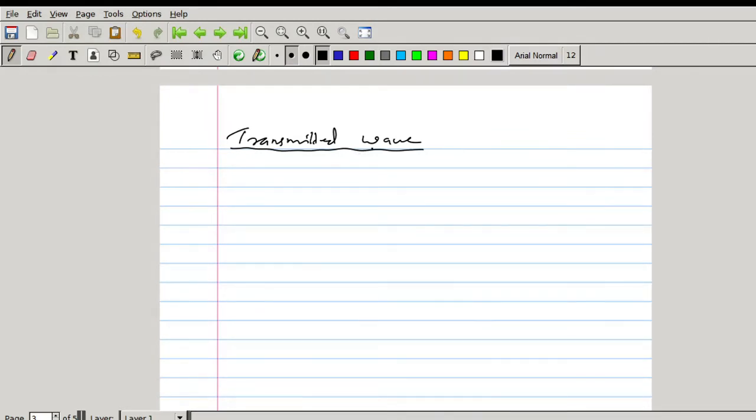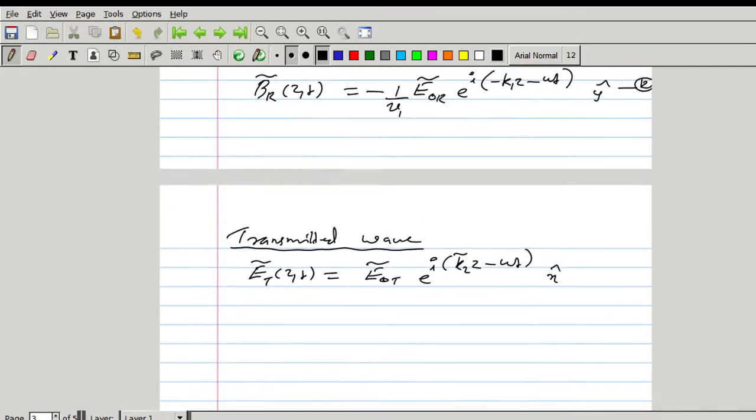So the transmitted wave we can write as ET of z,t equal to E0T e raised to i K2 z minus omega t, where K2 is complex, along the x direction. It is equation number 13.